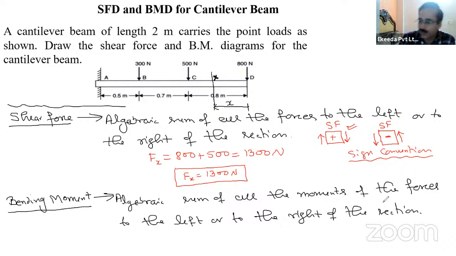Now you have to sum up all the moments of the forces, right? Either you have to take the left of the section or you have to take the right of the section.